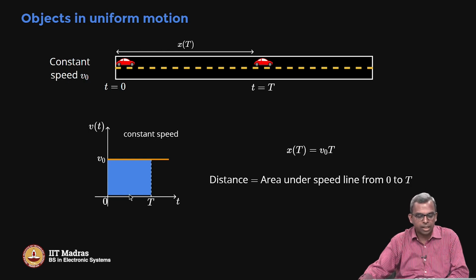Okay, so you see here v0 is this height, right? So this height is v0 and this length is t. So the area under the speed line from 0 to t is v0 into t. Okay, so distance is the area under the line. Now what is the connection between distance and speed? v of t is x prime of t, isn't it?